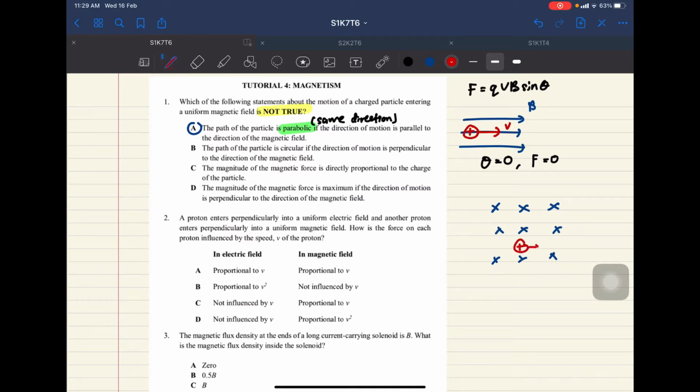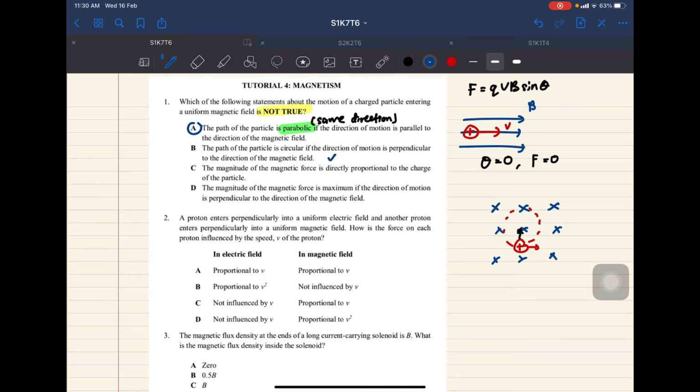Initially it is moving to the right, and you can try the right hand palm rule. You can see that the force is actually going upwards, and as a result it starts to move in circular motion. So answer B is correct.